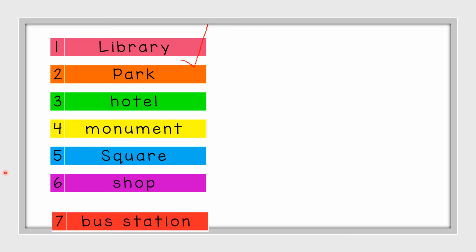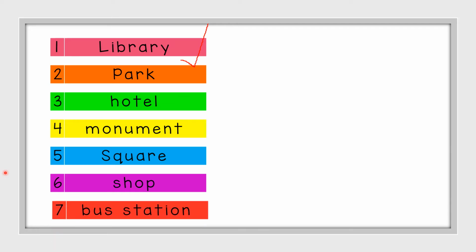Number 7. Bus station. B-U-S. Bus. S-T-A-T-I-O-N. Station. Bus station. Another tick if you have this correct. Number 8. Market. M-A-R-K-E-T.